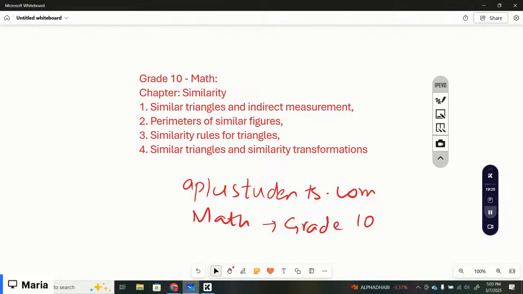The lessons we're going to cover today are similar triangles and indirect measurement, perimeters of similar figures, similarity rules for triangles, similar triangles and similarity transformations.